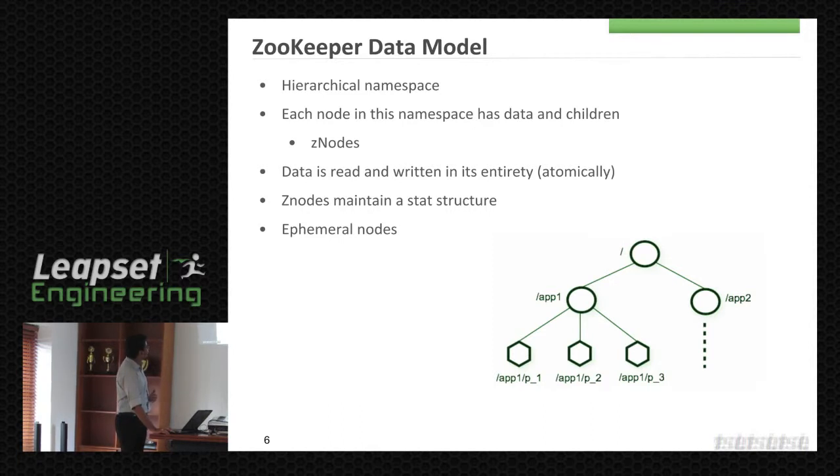A node can have children, or there can be data associated with it. Usually this data we call stat. This stat has version numbers of changes, the access control list, and cache validations, etc. That's very important when monitoring clusters.